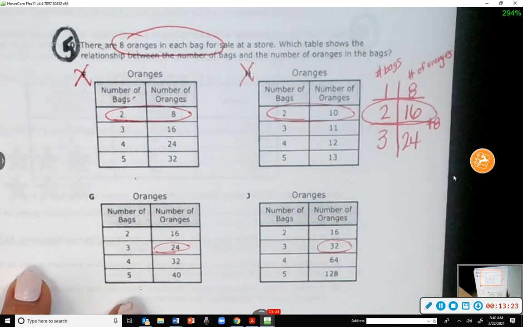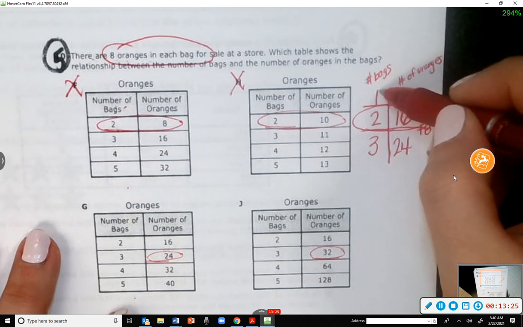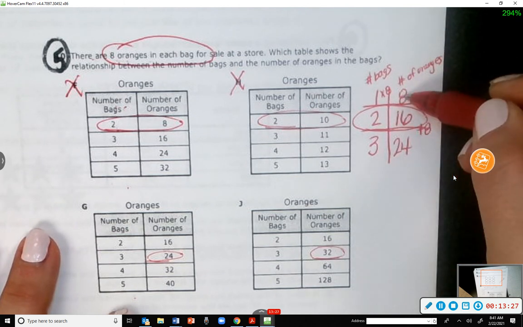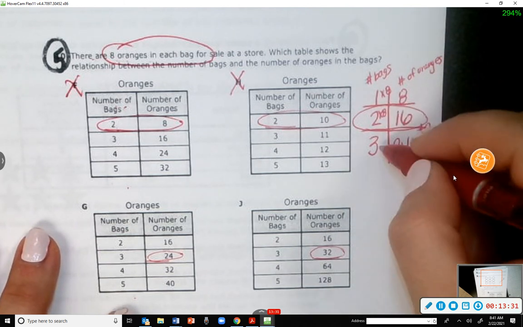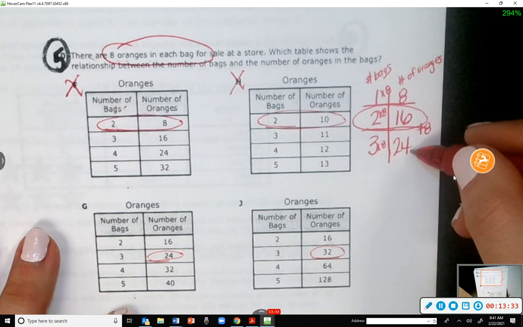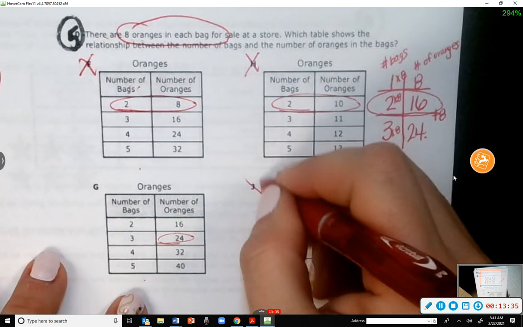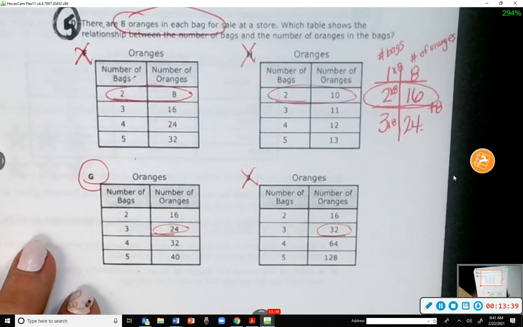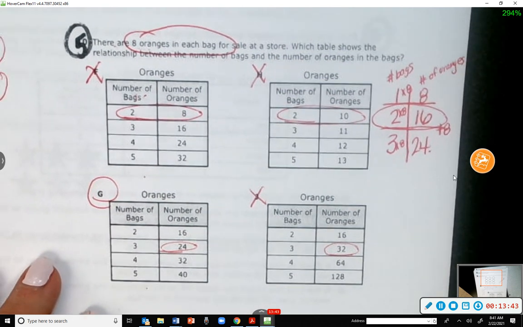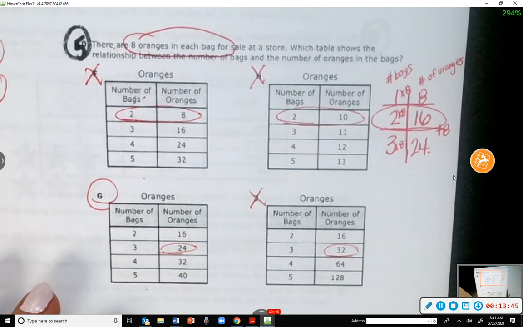Okay, you also can multiply by 8. 1 times 8 is 8. 2 times 8 is 16. 3 times 8 is 24. So our answer on that one should have been G. Okay, any questions on that one? No. Okay, put that in your work in progress.